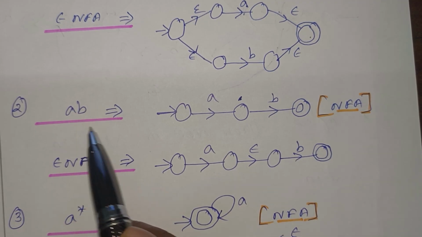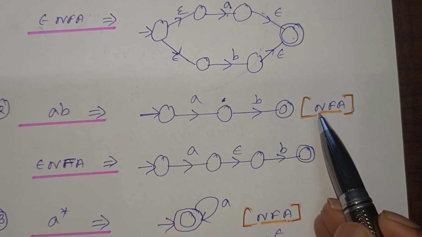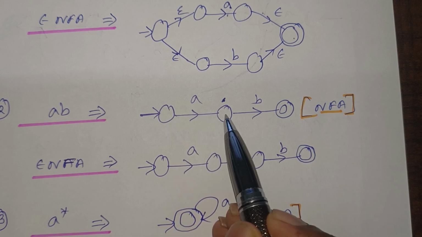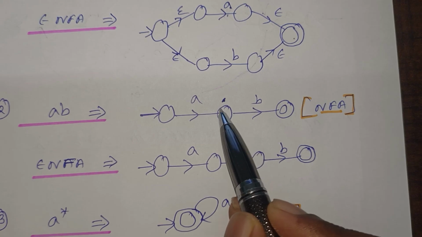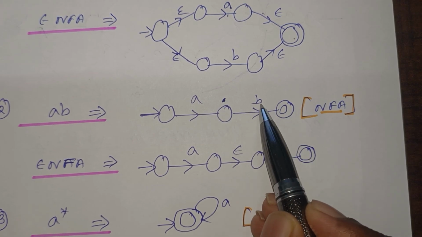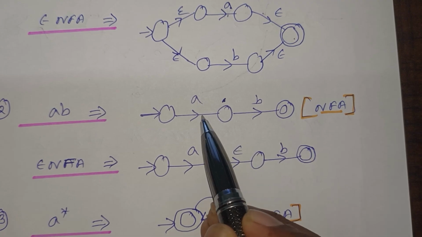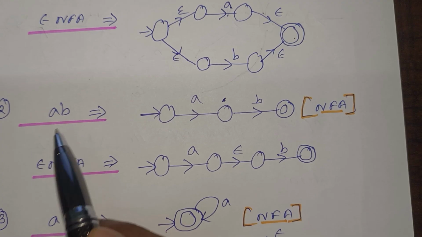So let me take you to the next possible operation in NFA, that is AB. Now AB represents a concatenation. The NFA for AB has an initial state which passes A to the next state. Then there is a dot which passes the present state to the next state with the input B, and it ends exactly here. This represents the NFA for the concatenation input AB.